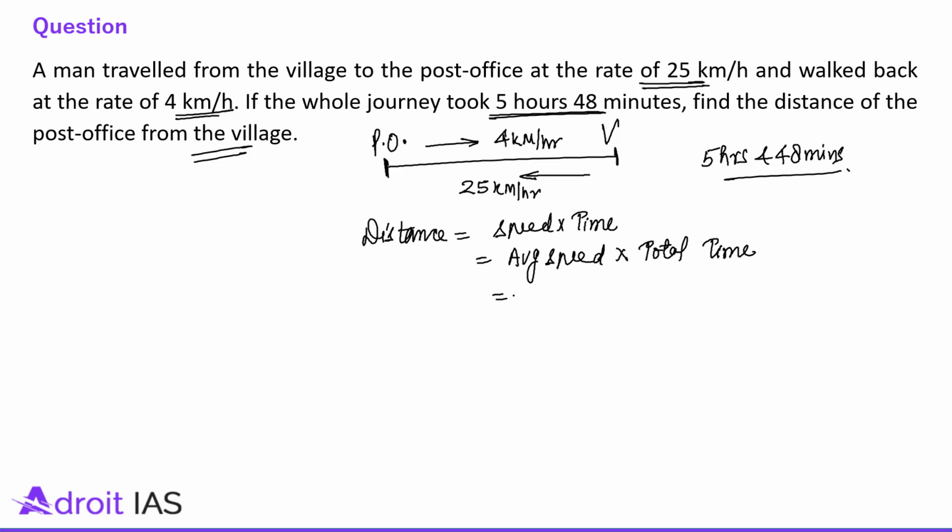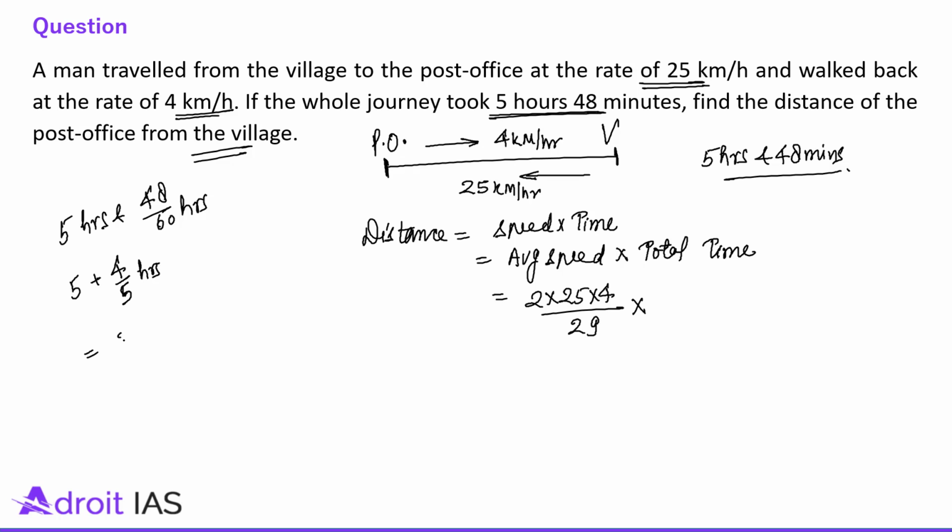Average speed for the entire journey will be 2 into 25 into 4 upon 25 plus 4, which is 29. And the total time, 5 hours and 48 minutes, will be 5 plus 48 by 60 hours, which is 5 and 4 by 5 hours. So this is 29 by 5 hours.